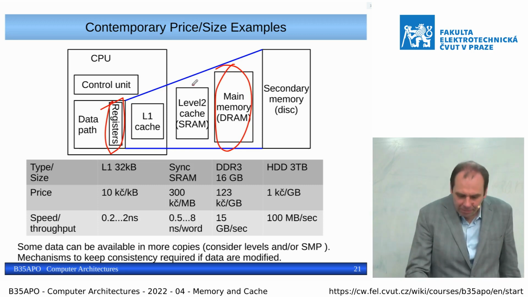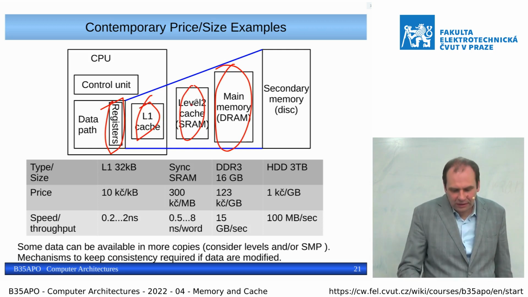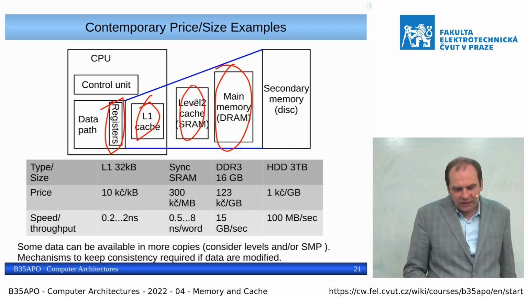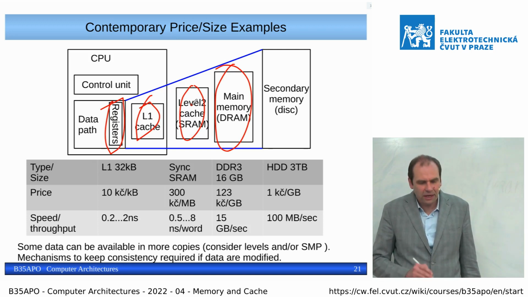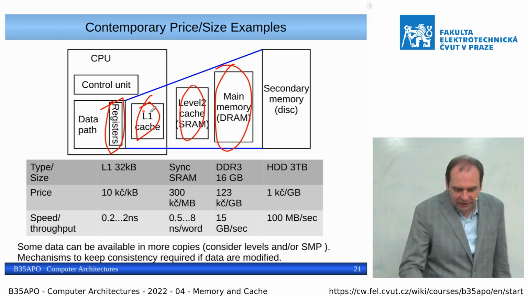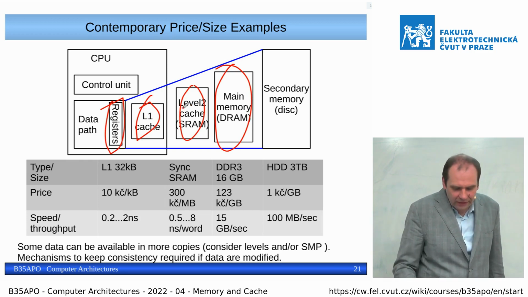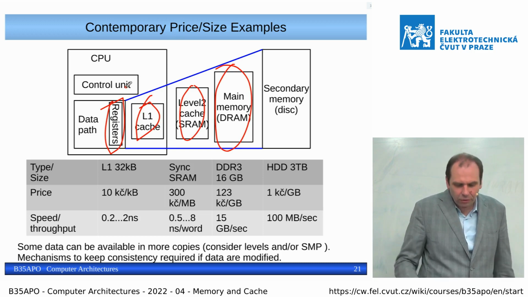But what happens in the memories in between, those caches, is done mostly automatically in the hardware. The reason is that managing so much data in the cache, with checking and so on, would mean quite a lot of code, and it would be slow.